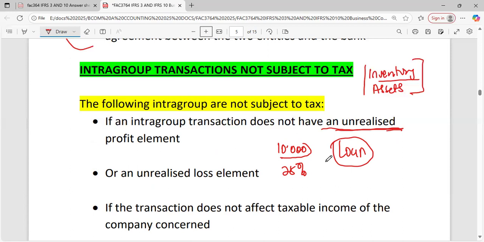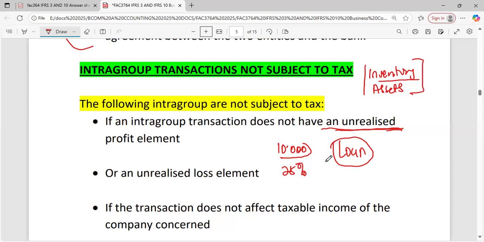If the acquirer has a loss of 10,000, it's an intra-group transaction and there is a loss to eliminate between the two of 10,000.